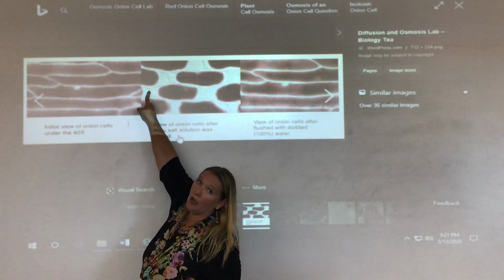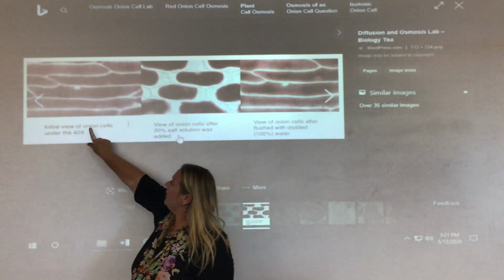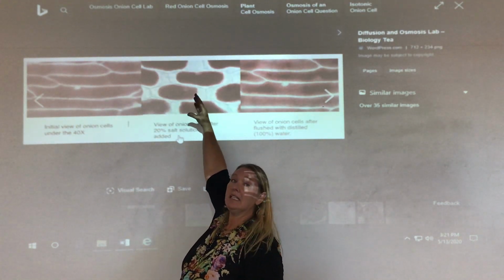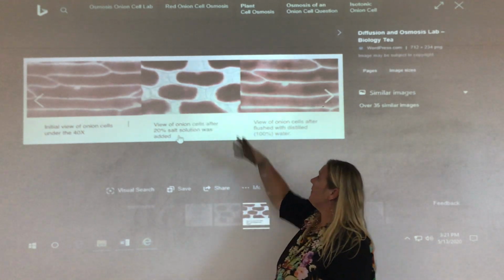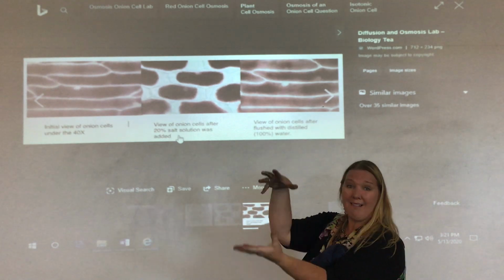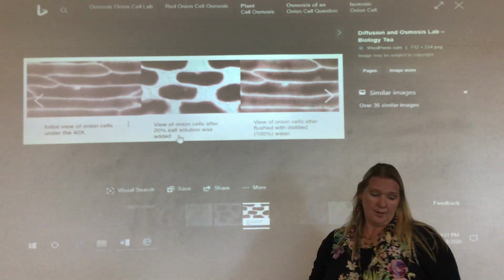The edge comes all the way here for the cell, whereas in this one, it is pushing all the way to the edge. Here it's pulling away, and it could continue to shrink and shrink until that central vacuole becomes very small.